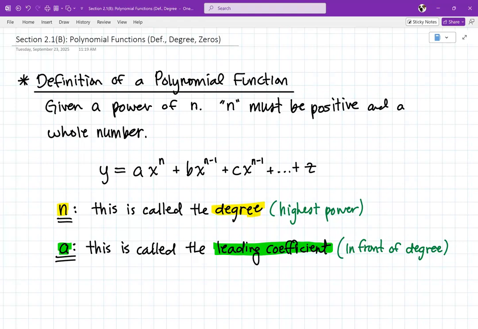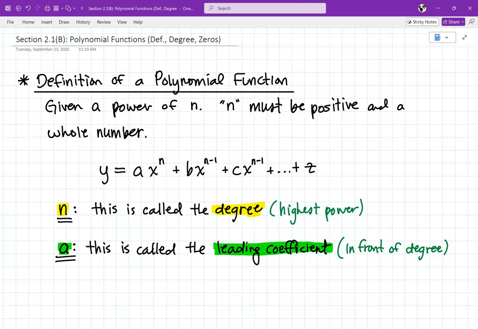Now, they are going to ask us some questions on the homework that are pretty easy. They're very easy, but you do have to understand what a polynomial function is. So you have to know that all the powers on it have to be positive. None of them can be in fractions. There can't be like something over x. We can't have them in the denominators.